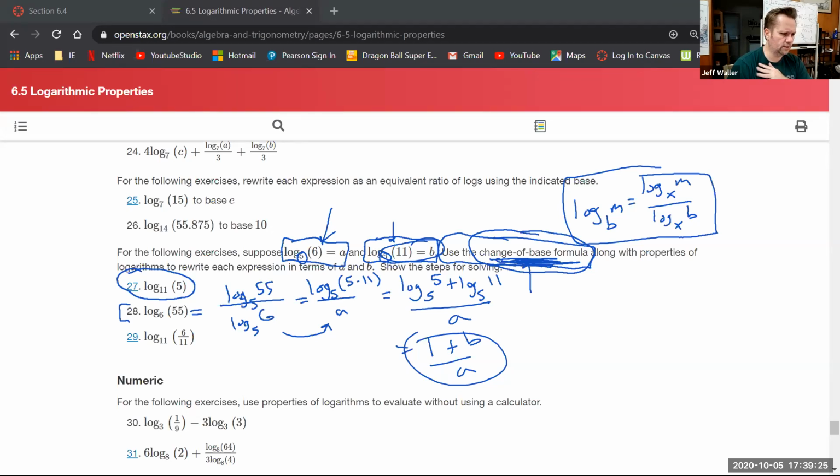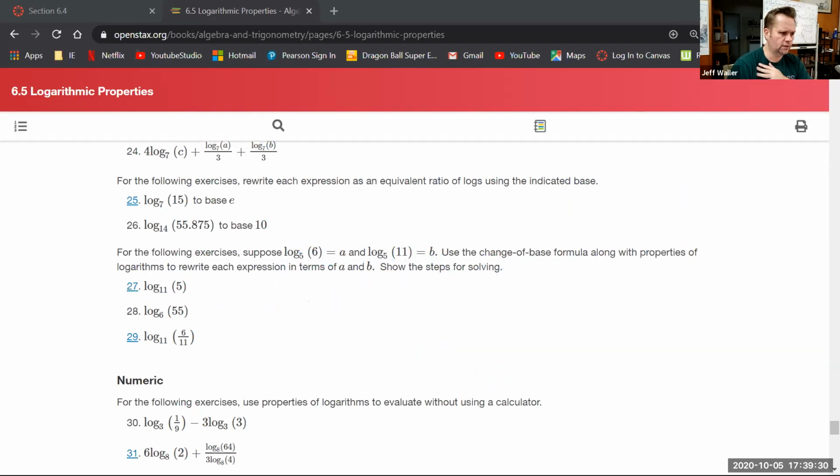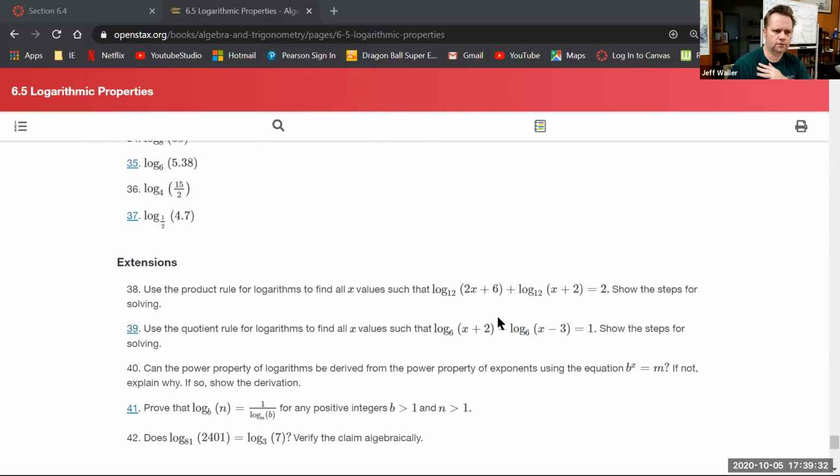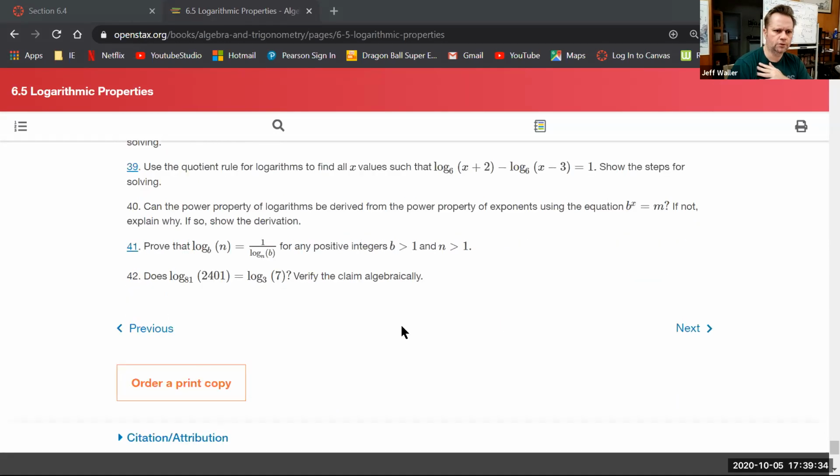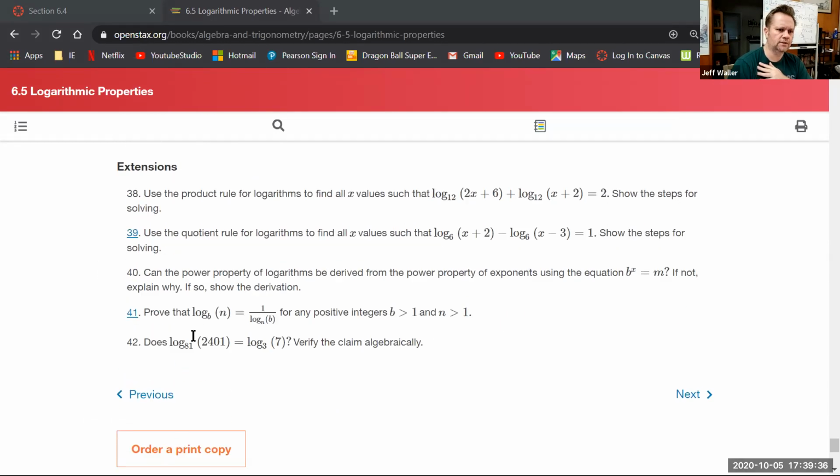So another question is number 42. It's not so much a question as it is an answer. Oh, yeah, this is yummy. So extensions, that's some bonus stuff going on. This one you've got to play around with.